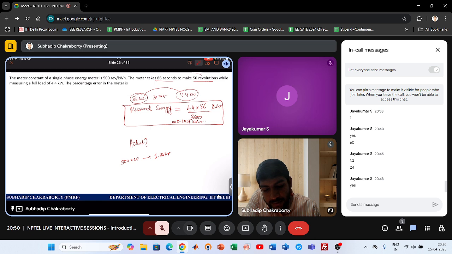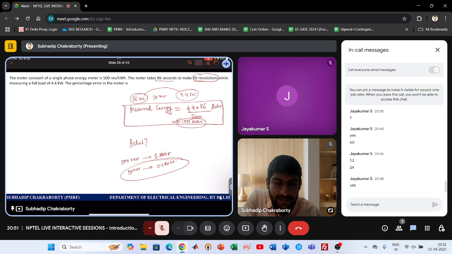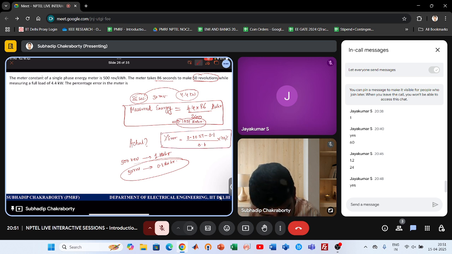Now how many revolutions is it doing? 50. 0.1 kilowatt hour it should be. But it is showing me 0.1051. So there is an error of 0.1051 minus 0.1 with respect to 0.1 into 100%. This is the percentage error. And how much is it coming?